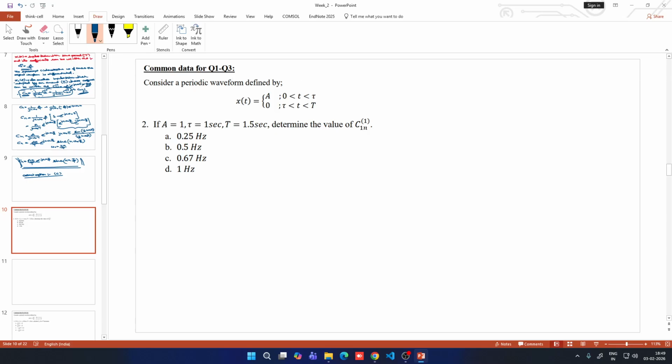Question number 2 is also for the same signal. For questions 1, 2, 3, we are using the same data x of t. Now in question 2, A is given as 1. A means the amplitude of x of t that we plotted. So our x of t was something like this. I'm just plotting it again.